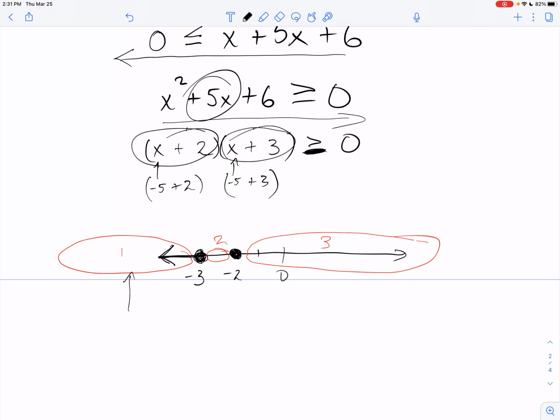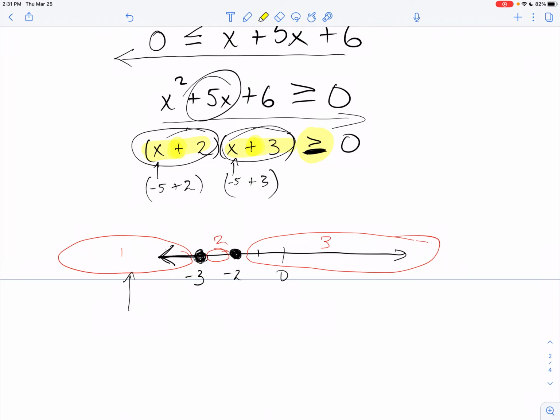If you plug in -5, this whole chunk of junk becomes negative. This whole chunk of junk becomes negative. A negative times a negative is a positive, and guess what? Positive stuff is always greater than or equal to 0. So what do you say?